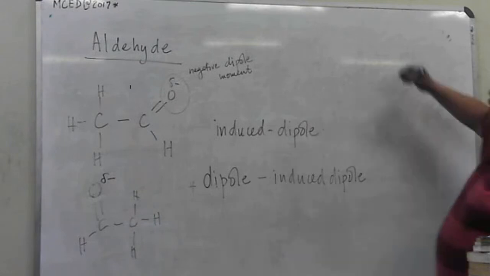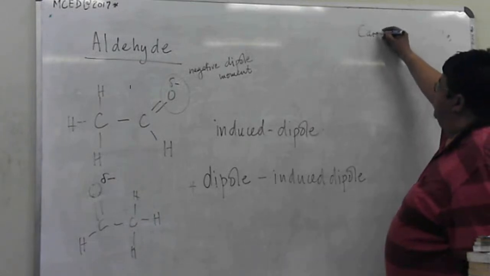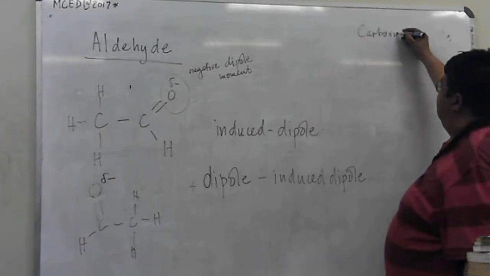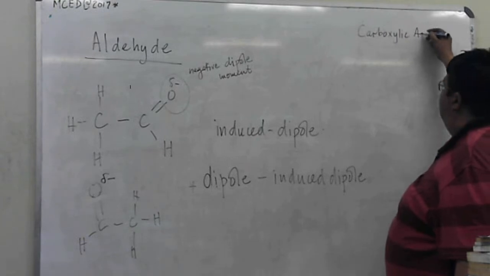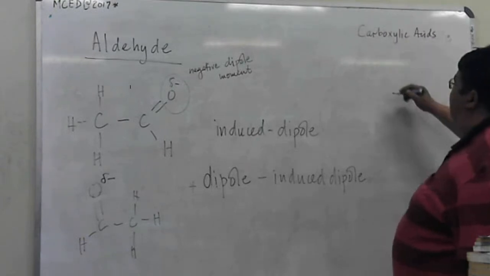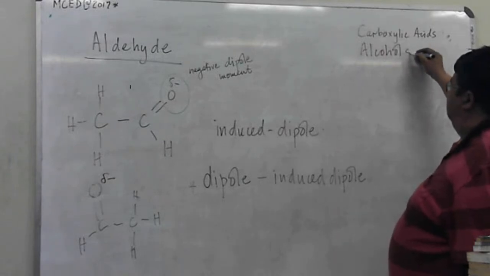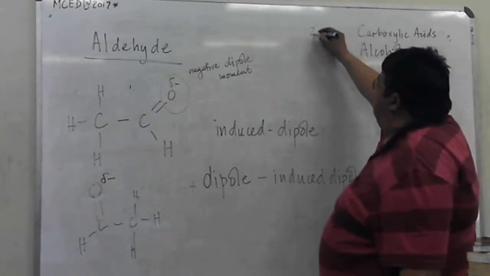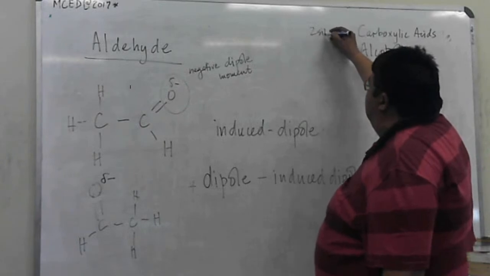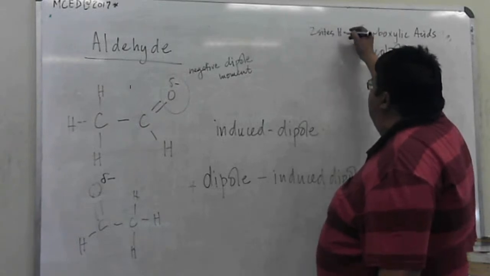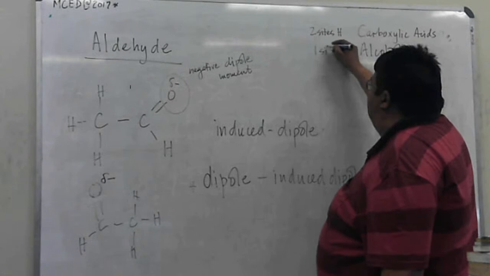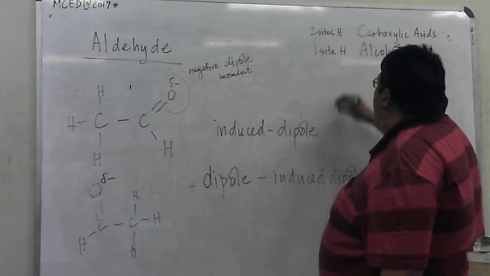So far, we've got carboxylic acids being the strongest. Then we've got alcohols. So this has two sites for H bonding. This has one site for H bonding.